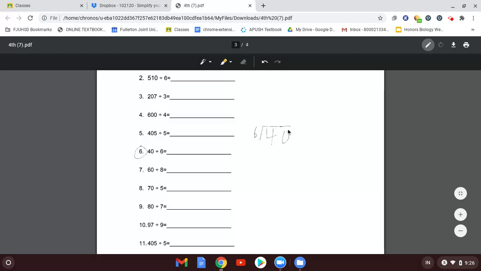What number is the closest multiple of 6 to 40? That is 36, which is 6 times 6. Subtract that, that's 4. 6 cannot go into 4, so 4 is the remainder. So that's the answer, 6.